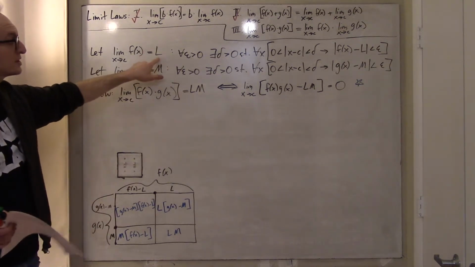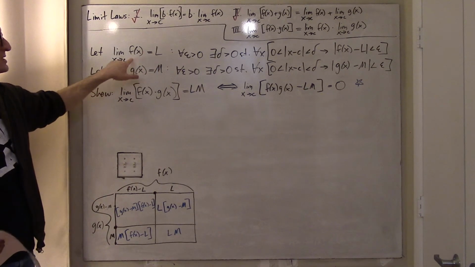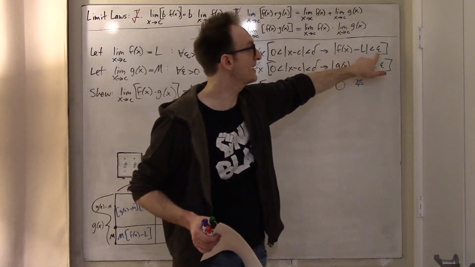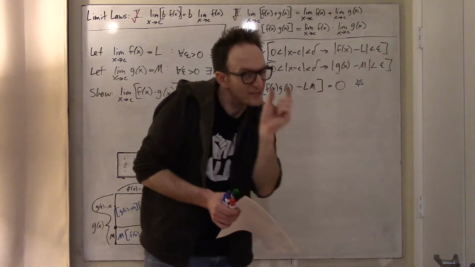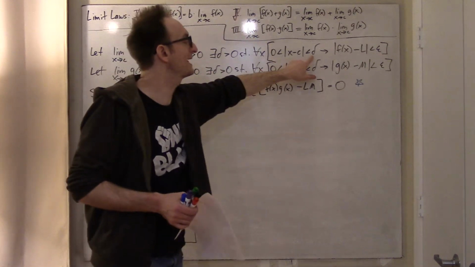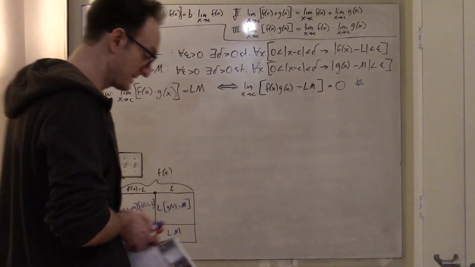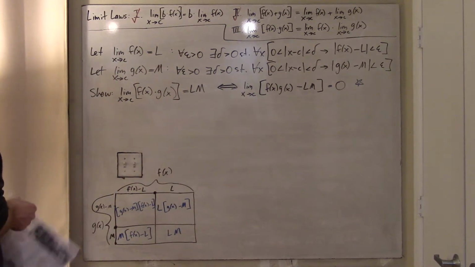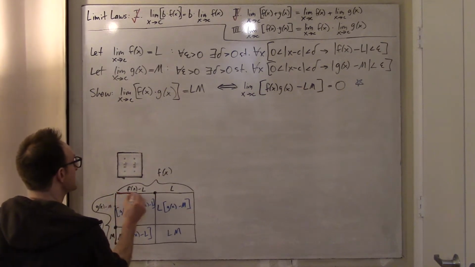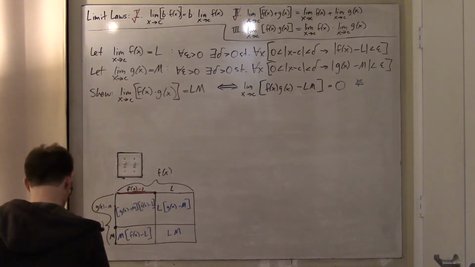Built into the definition of what it means for the limit as x approaches c of f to be L is that the gap between f and L can be made arbitrarily small. So in other words, I can make f of x minus L as small as I want by taking a really, really tiny delta. So you should think of this thing I just wrote in red as being really, really tiny.